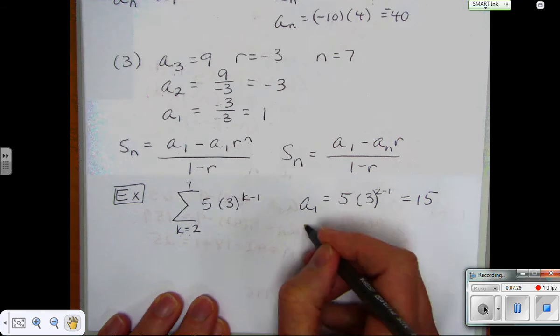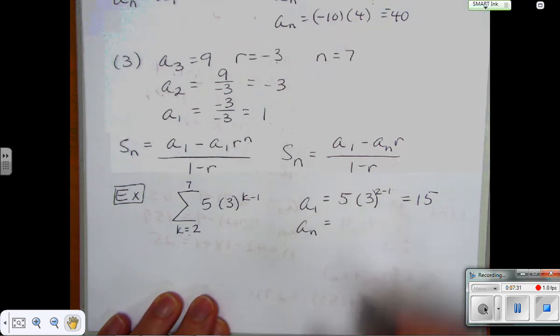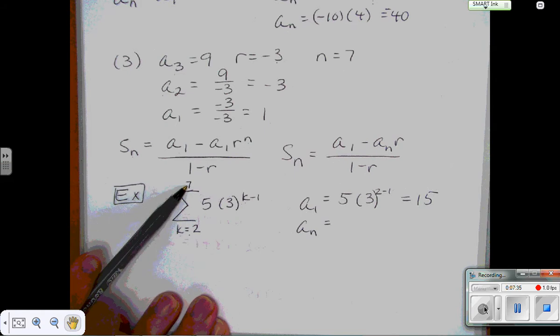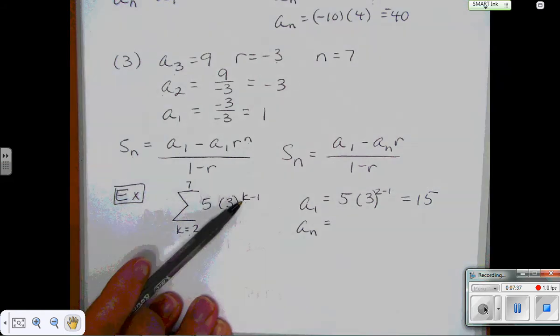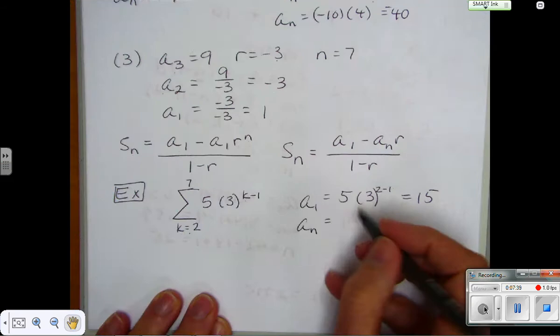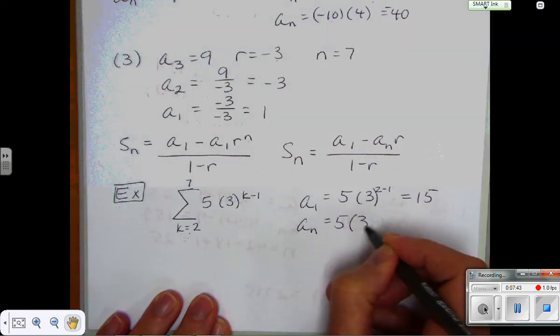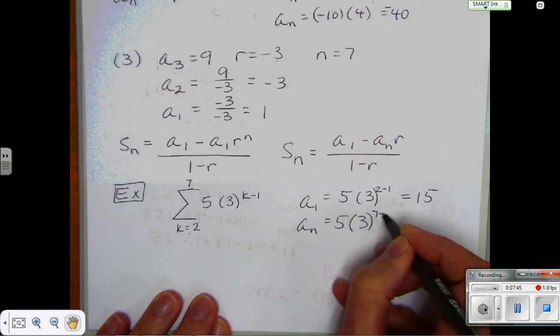Now your a sub n is your last number that you're going to find the sum with. I'm going to take the top number here, the 7, substitute it in to get a sub n. So I'm going to have 5 times 3 to the 7 minus 1.